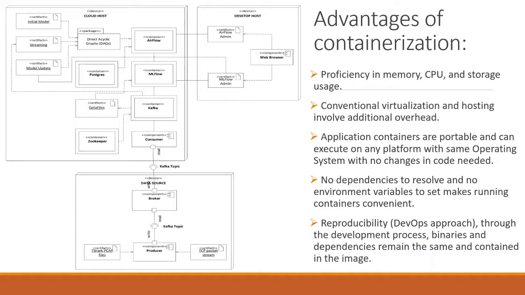There are a lot of benefits of containerization: better memory processing, storage management, advantages over conventional hosting, portability and independence, also reproducibility and simplifying DevOps approach. A container can execute on any platform with the same operating system with no changes in code needed.